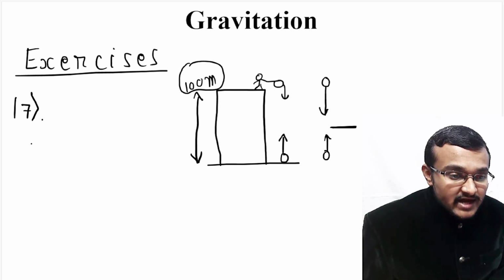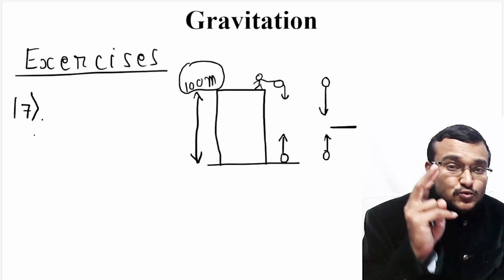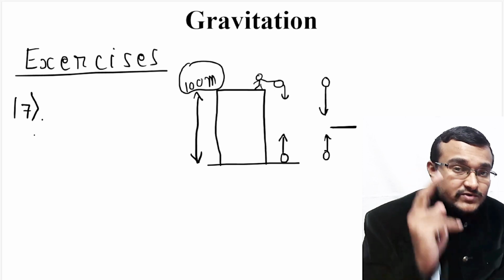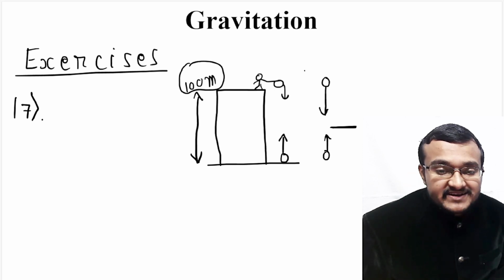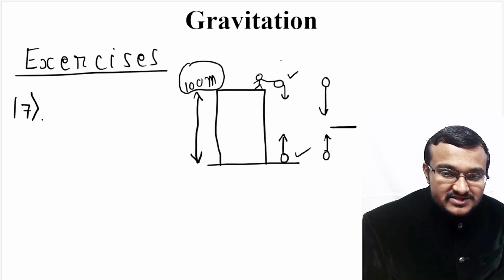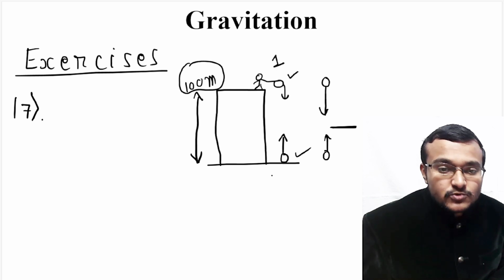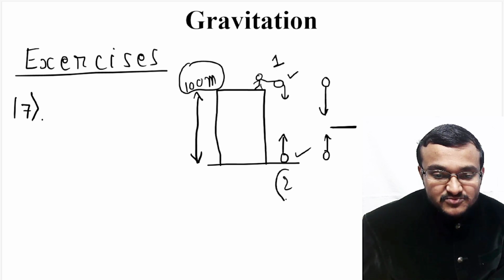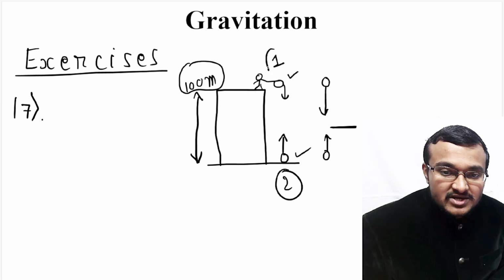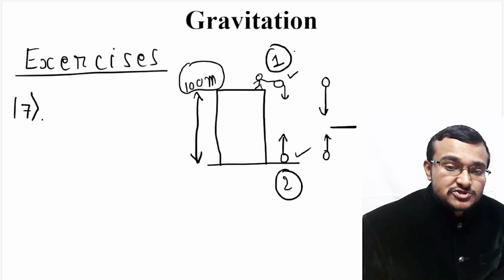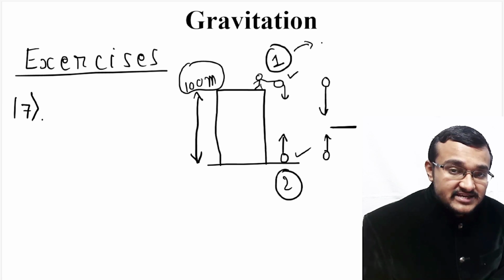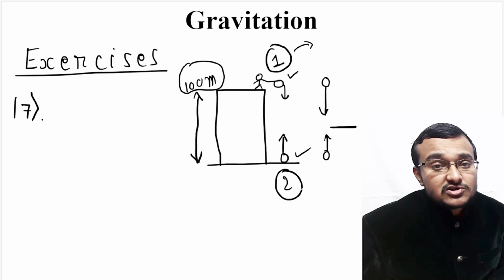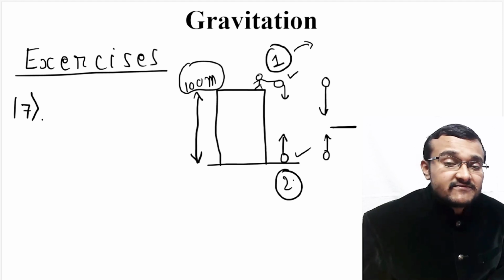So now here you have to consider two different initial speeds and two different final speeds. You have two different cases, that is stone 1 and stone 2. So let us call this particular stone as stone 1 and this particular stone as stone 2. So initial velocity of stone 1 will be 0 and initial velocity of the second stone will be 25 meter per second.